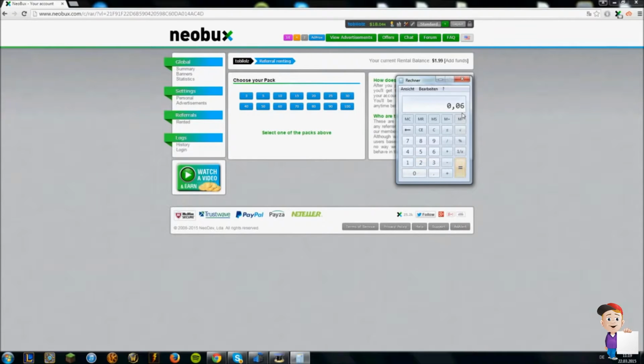So this would be 6 cents a day for 3 referrals, and in a month this would be $1.80 from those referrals. Now of course you have to subtract the 60 cents those referrals cost, and you will have a profit of $1.20 for this month.